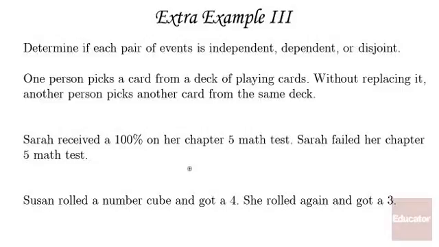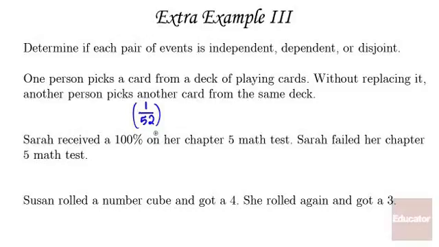Now, for the first event, when you pick a card, it's one card out of a total of 52, right? So this is the first event. Then, for the second event, for the second pick, since the first card is not replaced back into the deck, there's one card missing now.